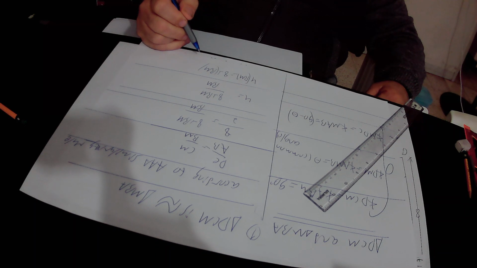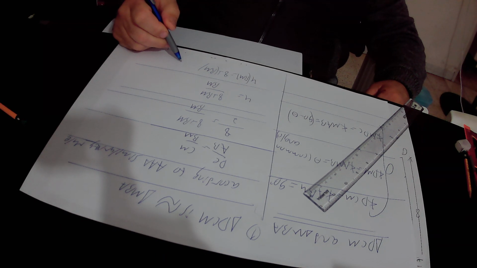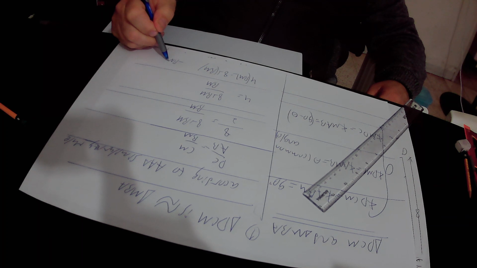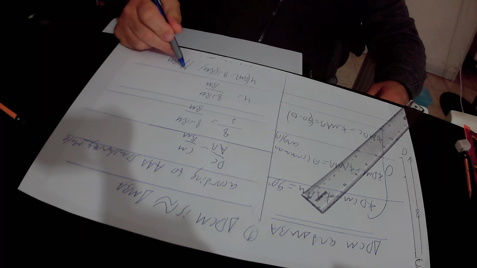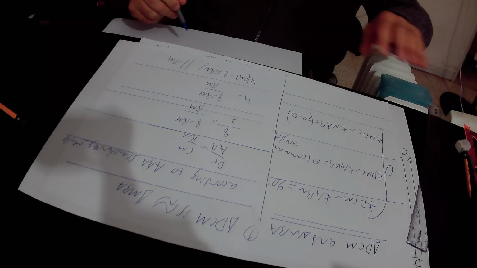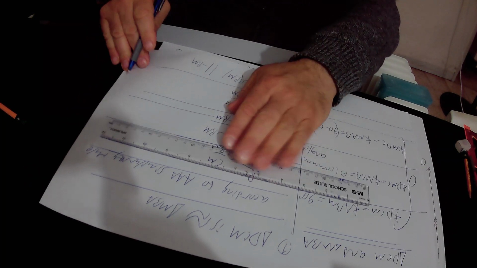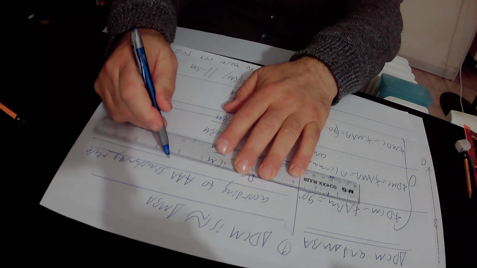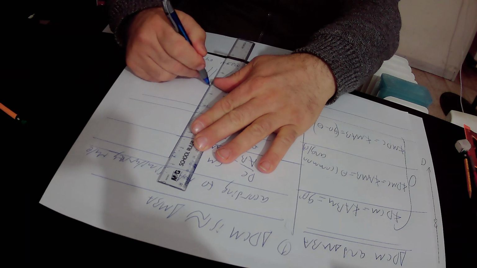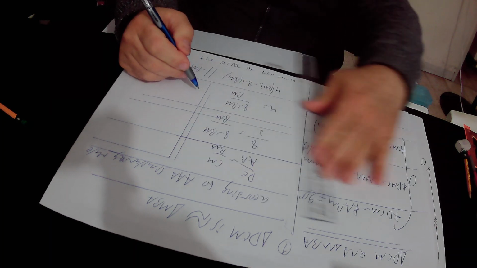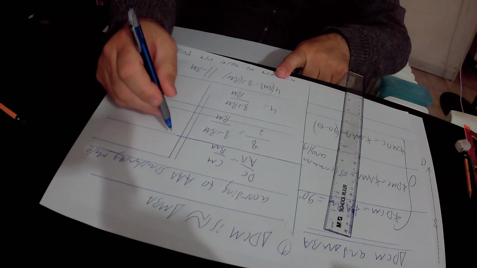Here we subtract BM from this equation, and we get that 4 BM minus BM is 3 BM.